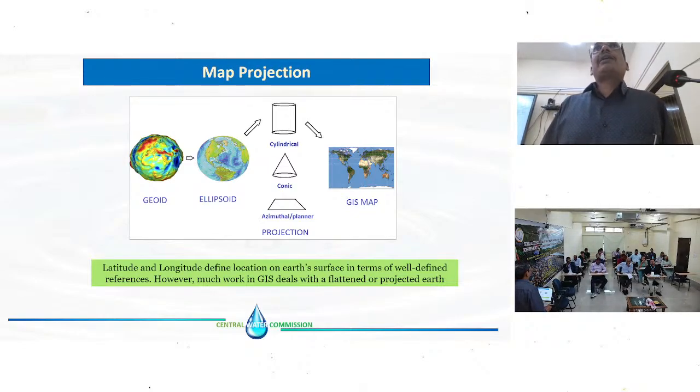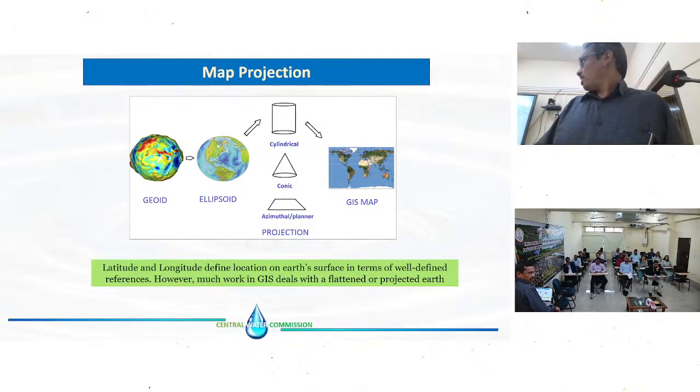Distortions in an atlas, you may have even heard about it, like the actual shape of Russia, Greenland, Canada, they appear very huge, very big. That is because an atlas has one particular projection system, known as the Mercator projection system, which distorts the shape of those locations which are away from the equator. That's why they appear very big. In reality, they are not that big.